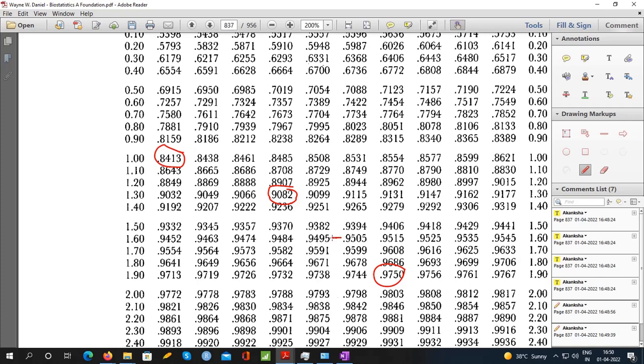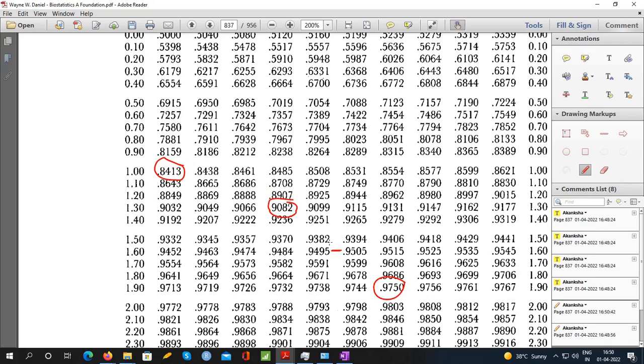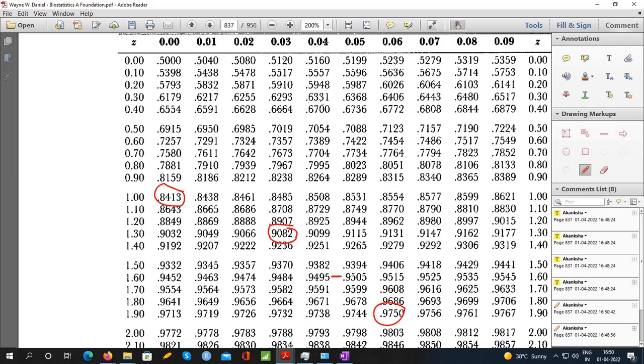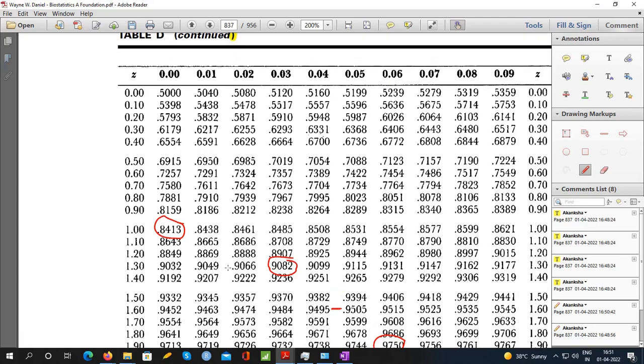So in between these two values I have 0.95, and that corresponds to 1.60, and then here after 4 but before 5. So that is why I wrote 1.645. So 0.95 probability corresponds to 1.645. Is it okay? Are you getting what I am saying here?